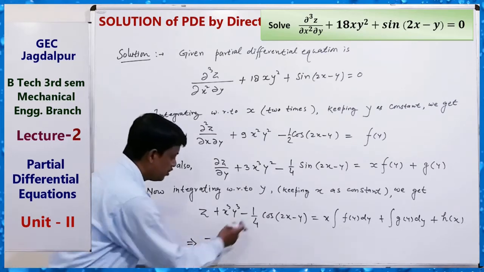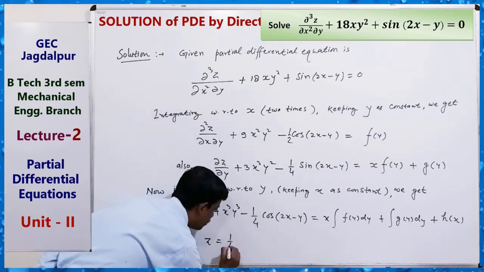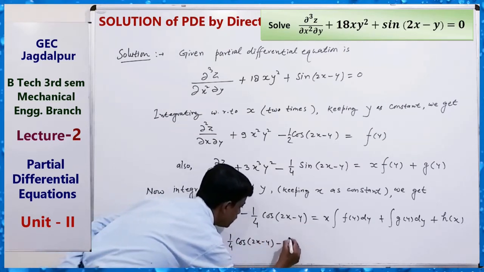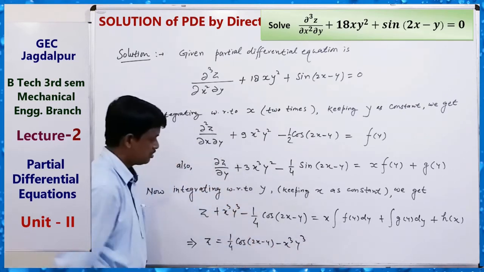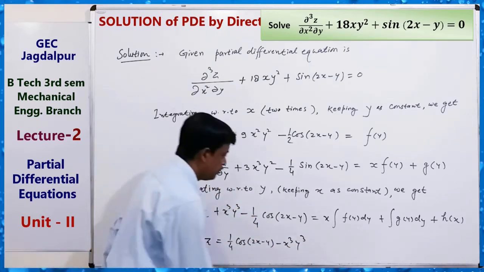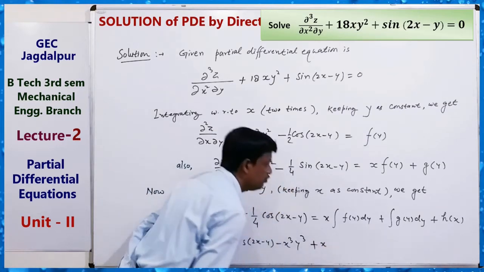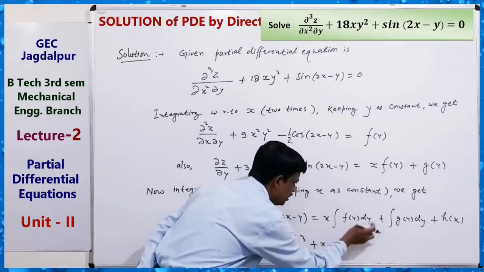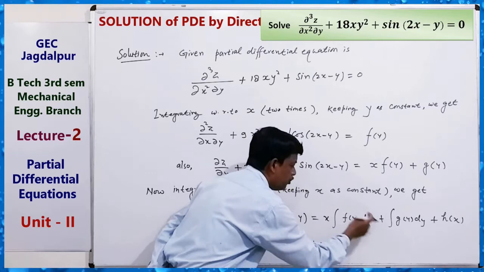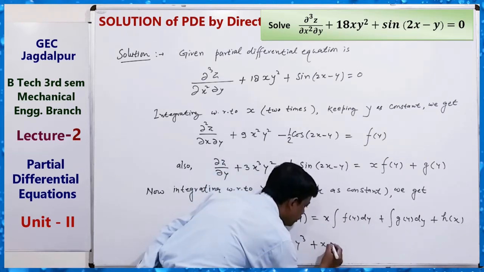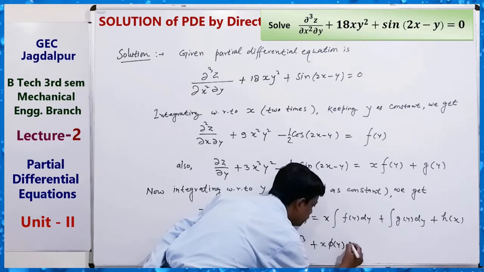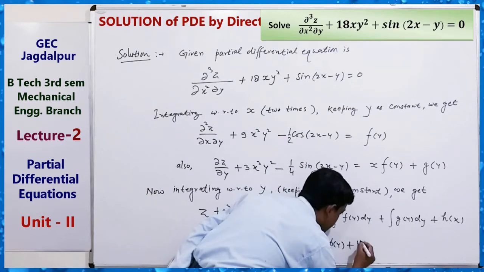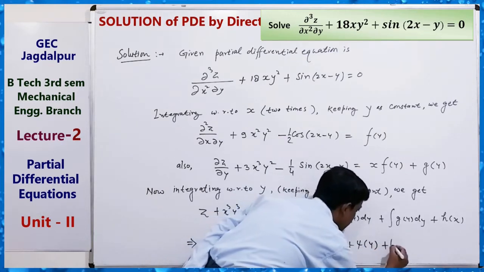Transferring the 1 by 4 to the right hand side, z equals cos(2x minus y) minus x cube y cube, these are the values transferred to the right hand side, plus x into phi(y), plus, since this is also a function of y, psi(y), plus h(x).